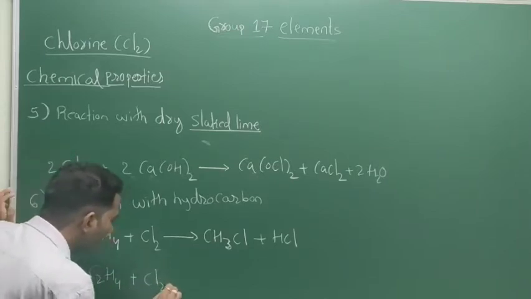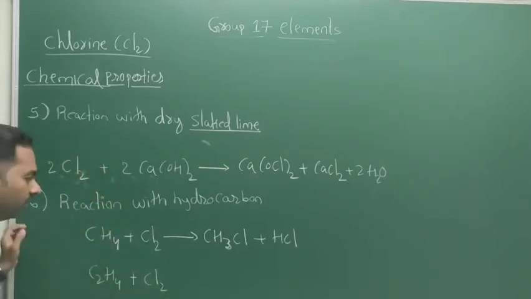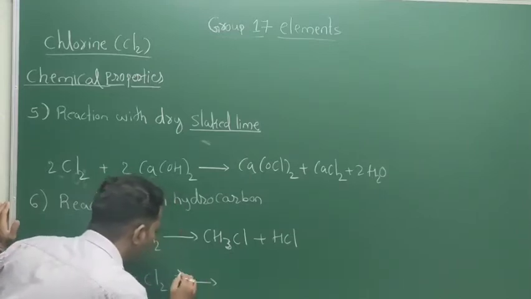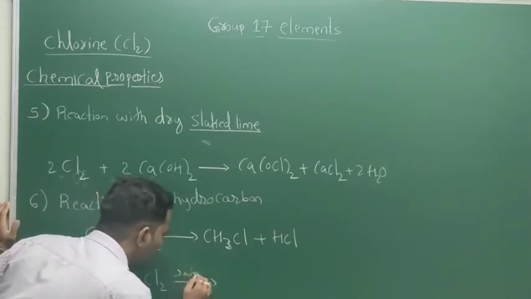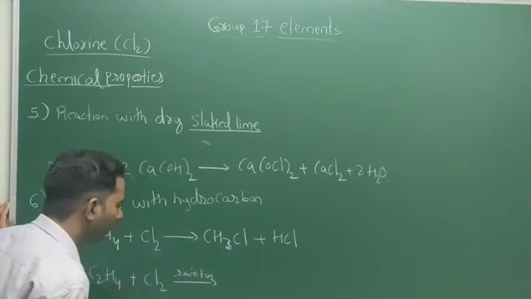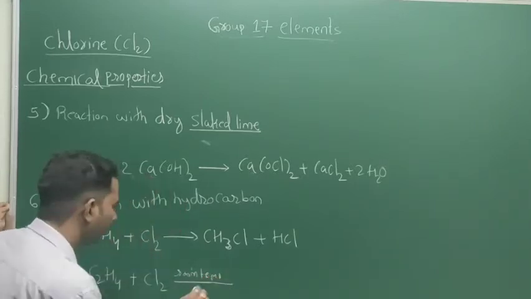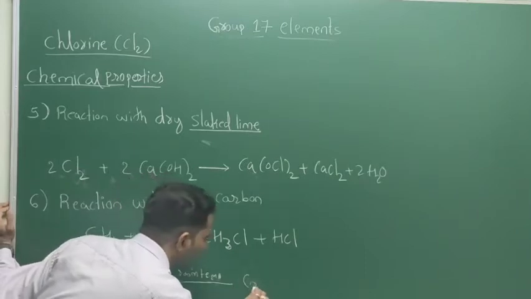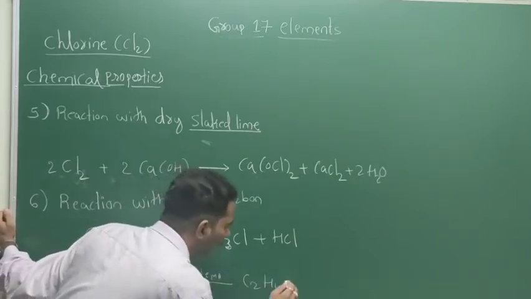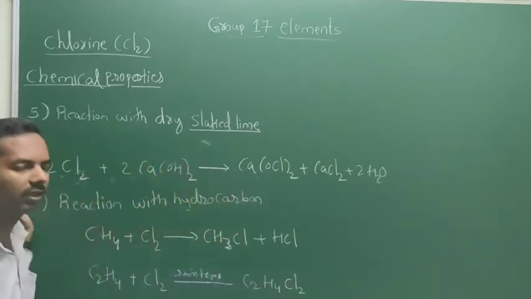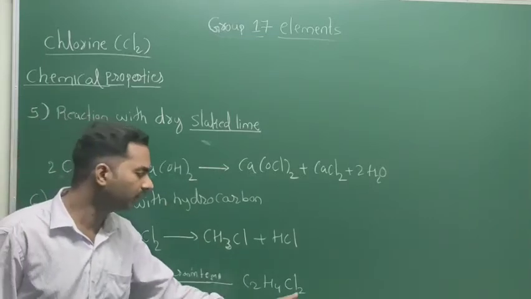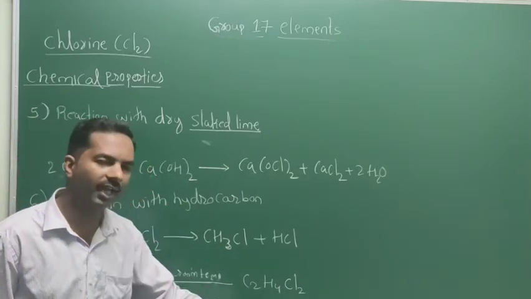Similarly, C2H4 reacts with chlorine at room temperature. We get 1,2-dichloroethane.